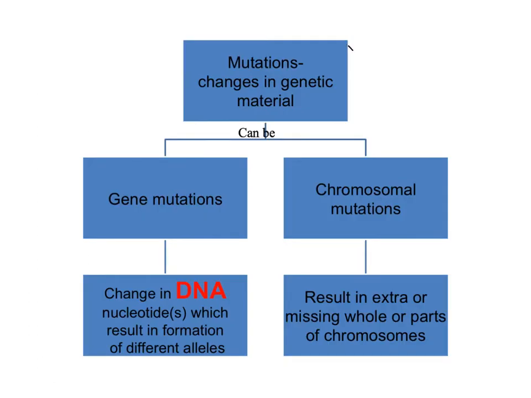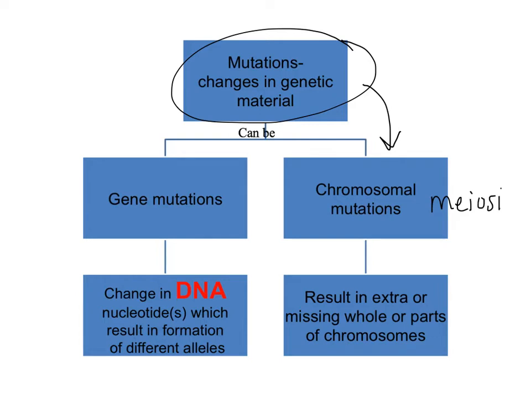All right, so when we think about mutations, changes in genetic material, when we were in our genetics unit, we talked about chromosomal mutations. And these are the result of meiosis. Remember, the making of our gametes, so either egg or sperm. And in meiosis 1, our homologous chromosomes separate, and then in meiosis 2, our sister chromatids separate.